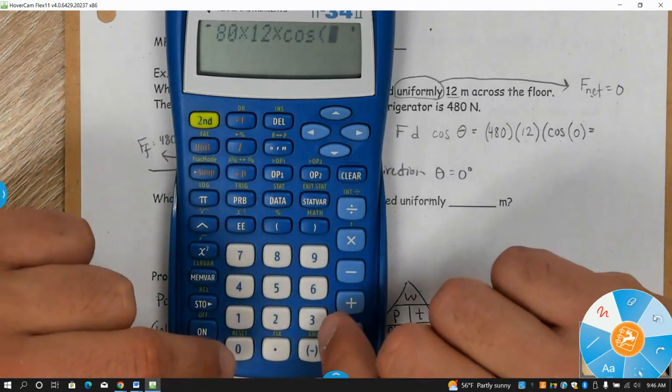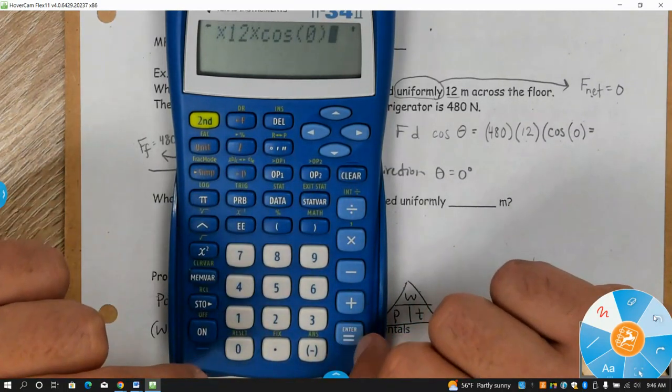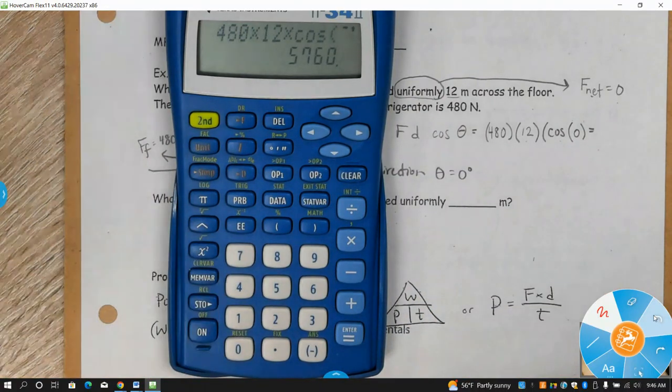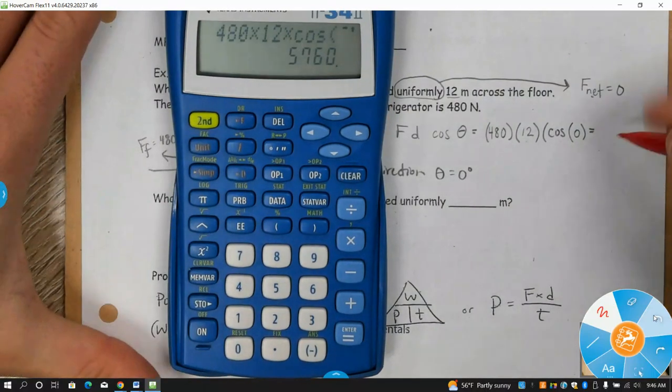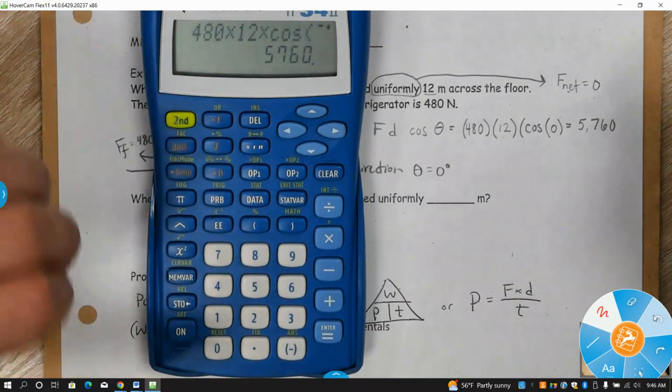And now type in the angle. If the angle is 0, type that in. I'm just closing my parenthesis and I'm going to hit equals. This should kick out an answer of 5,760.